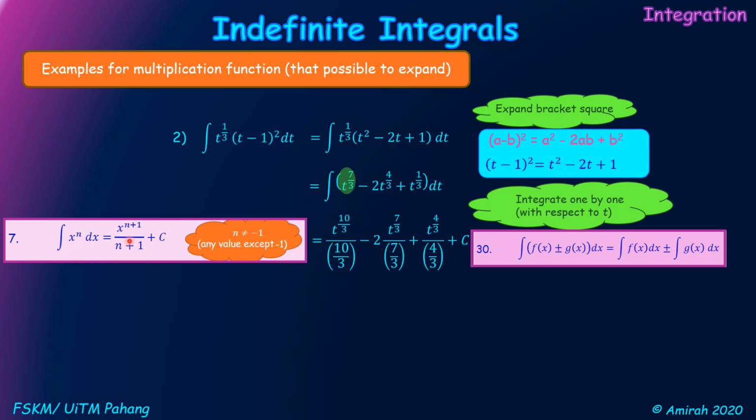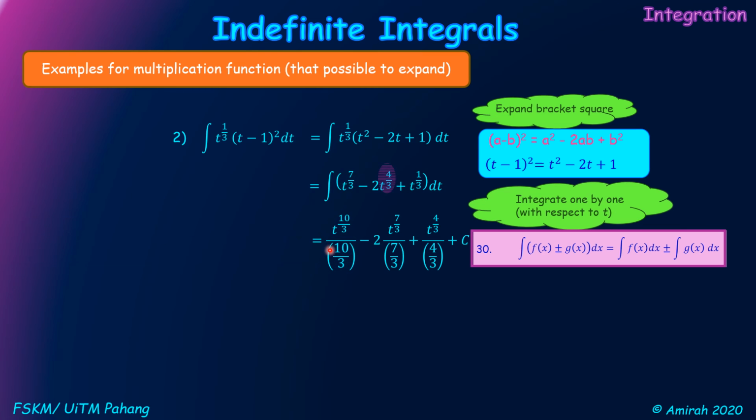So we use this formula: the integral of x to the power of n dx equals x to the power of n plus 1, meaning 7 over 3 plus 1, so we get the power of 10 over 3, and then over n plus 1, meaning over 10 over 3.